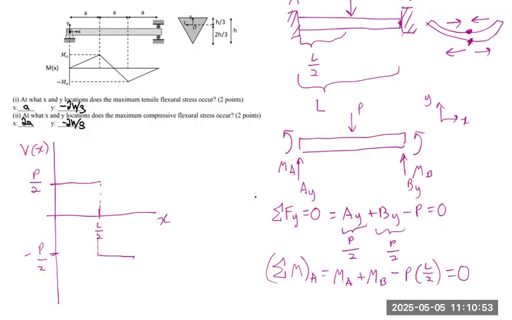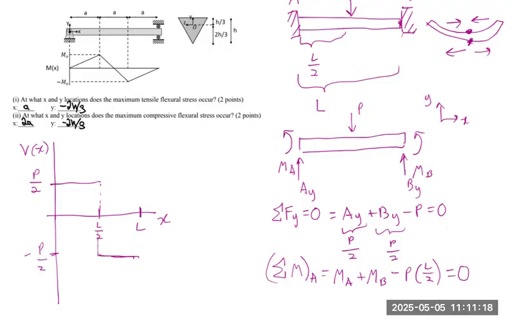Well, it's because we basically start with positive P over 2 and then we experience a drop of P. So it'll be P over 2 minus P, which is equal to negative P over 2. So that's why we end up here. And this will continue until L, which is when our beam ends.